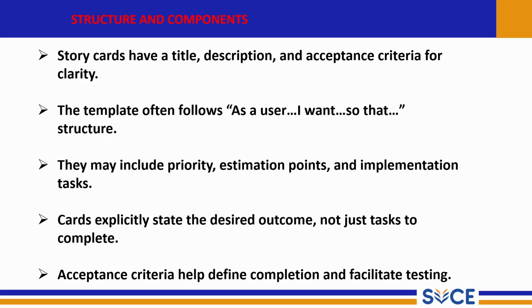In the next slide, we'll see the structure and components. Story cards have a title, description and acceptance criteria for clarity. This makes the card clear and testable. The template often follows the structure, as a user, I want, so that.